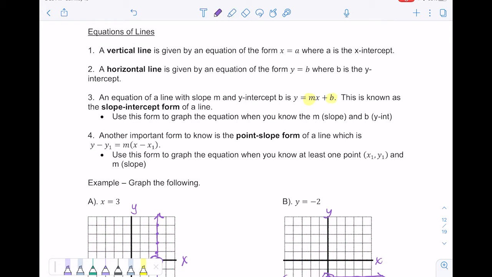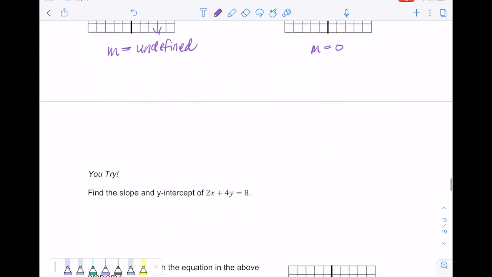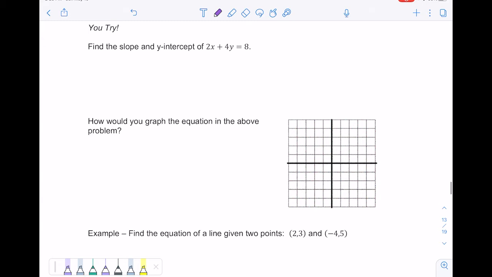So we're going to use this form to graph the equation when we know the slope and the y-intercept, the m and the b. In this problem, we have it written in standard form, which is ax plus by equals some number c. So I need to take the standard form and turn it into y equals mx plus b.